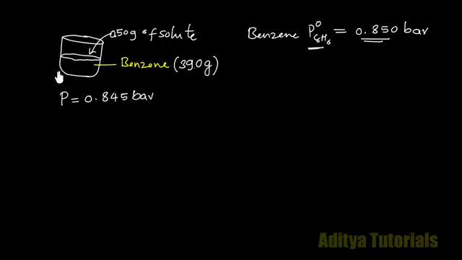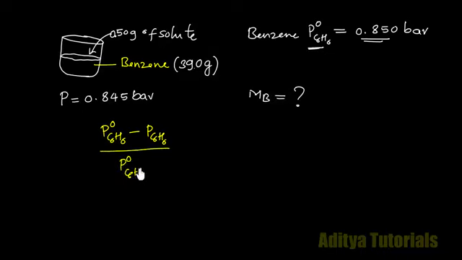Now these are the given things. By that you have to calculate the molecular mass of the solute. That is MB we have to calculate, that is equal to a big question mark. So how to solve this? First of all we know the important formula, that is P naught C6H6 minus P of C6H6 solution, because it contains a certain amount of solute, divided by P naught C6H6, that is equal to the mole fraction.